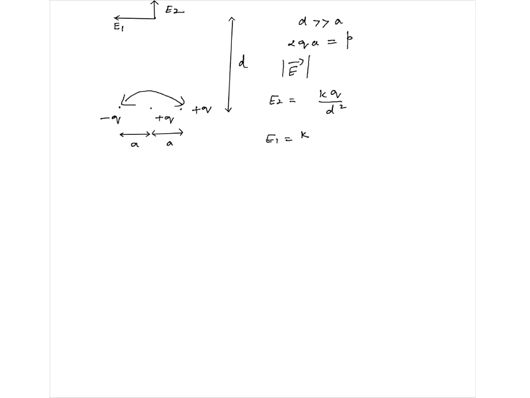That should be k times q into 2a, then divided by r cube. R cube is how much? D cube. Then root of 1 plus 3 cos square theta. Cos theta is 0. That's it.